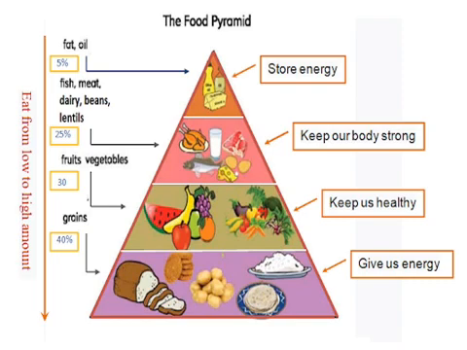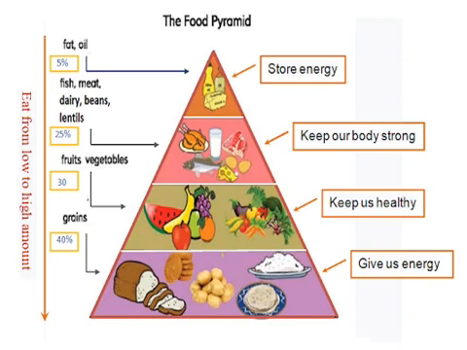And we should eat from low to high amount. We should eat fat and oil a little, and we should eat grains a lot. And if we eat according to the food pyramid, we will be able to keep our body fit.